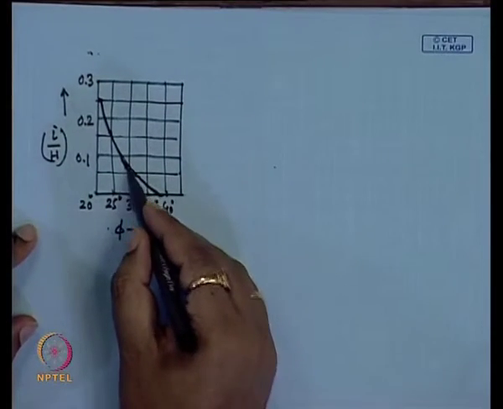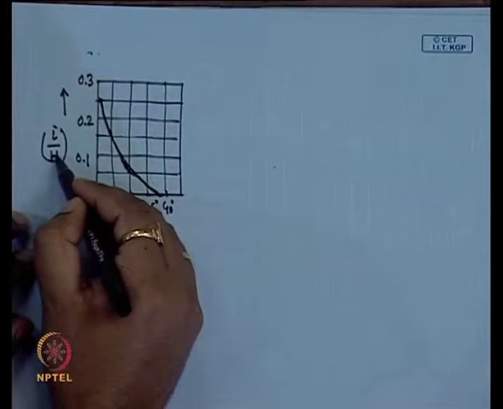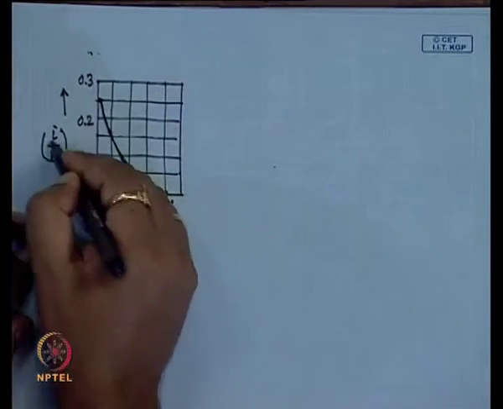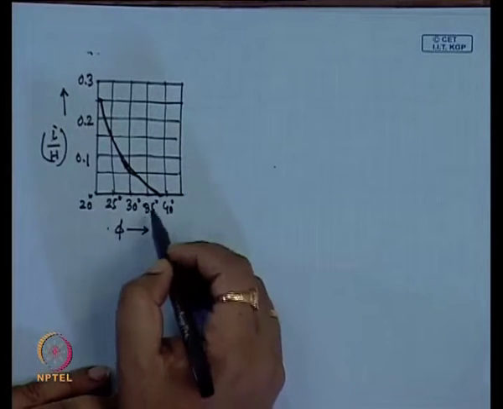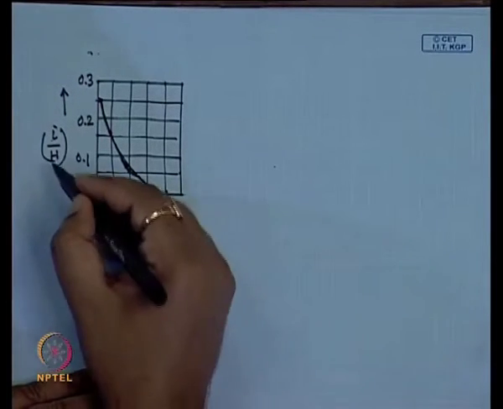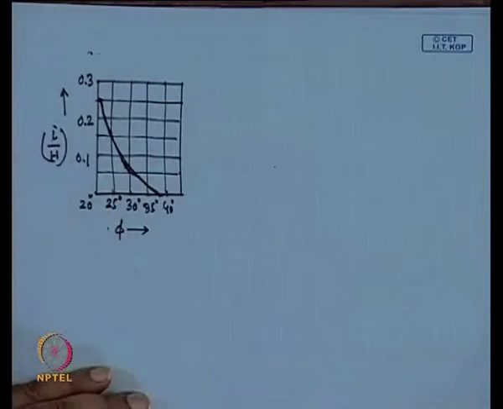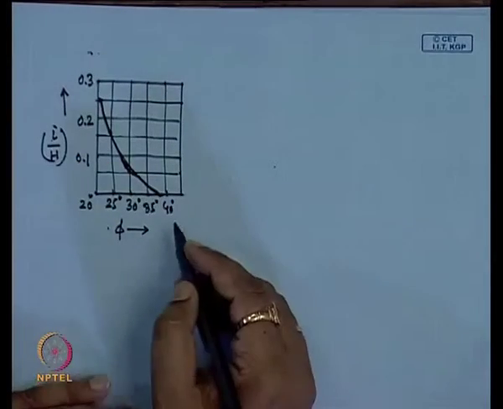So, if I know the value of phi and the value of h, then from this graph we can determine I. In any problem, the phi value is known for a particular site, and h is also known. So, we can determine this I value.